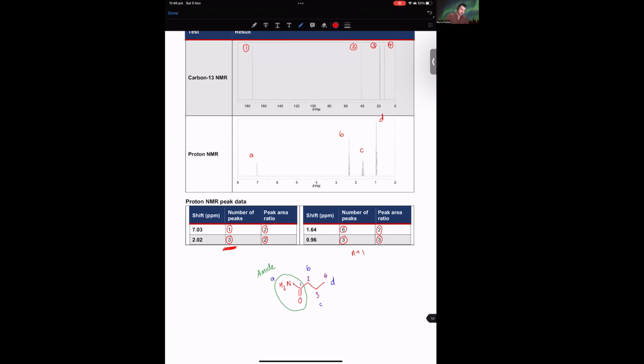So to name this, we have a carbon chain of 4, which is but-. And then because it's an amide, we would say this is butanamide. And we don't need to specify where the amide is, because if it was on another location, it wouldn't work. So butanamide would be fine. But if you wrote butan-1-amide, I would also accept that. All right, that will wrap that one up.